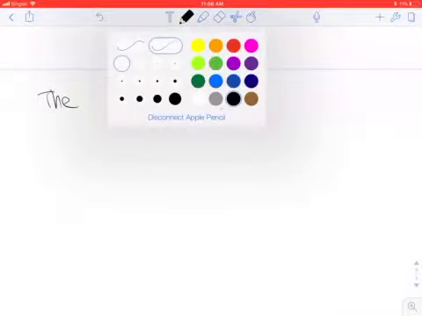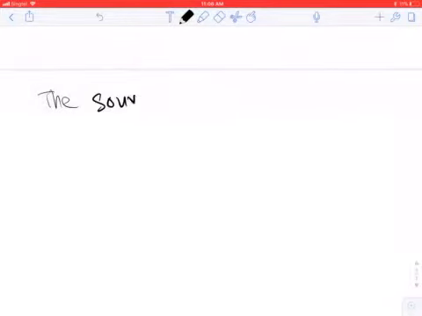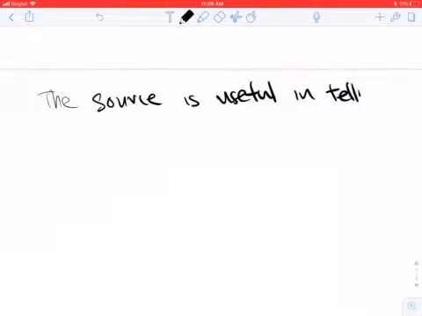So let's write down that the source is useful. Let's write the criteria down in telling me that. What's the question?